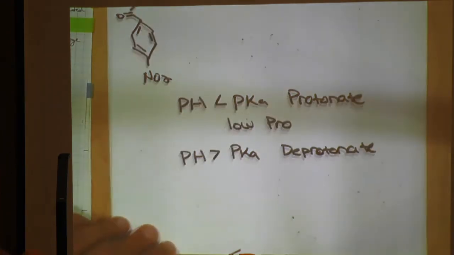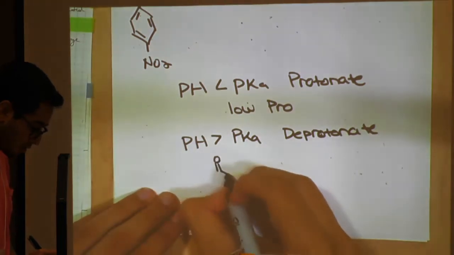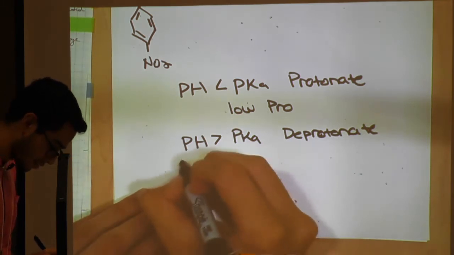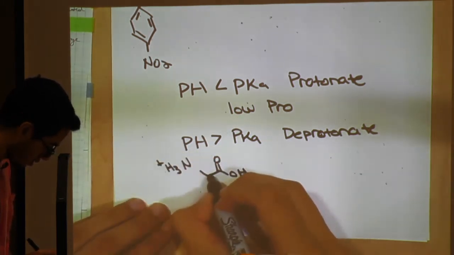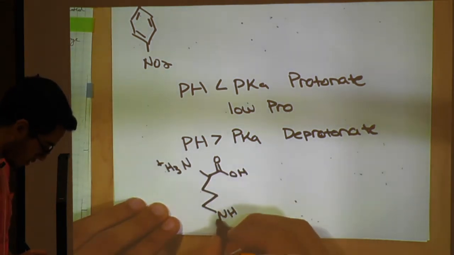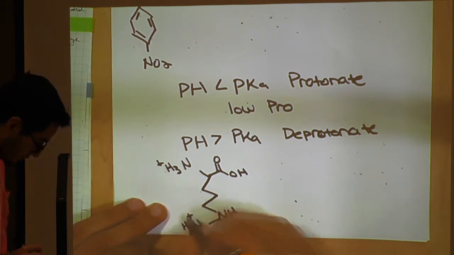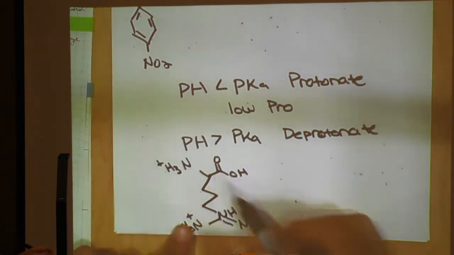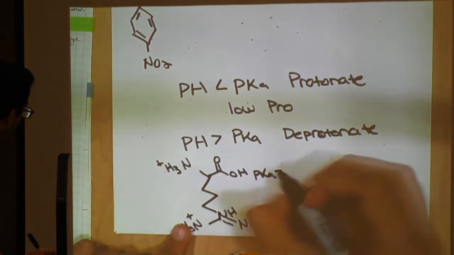And so in cases like that, you'll be given a structure. For example, each substituent here is going to have a pKa, right?